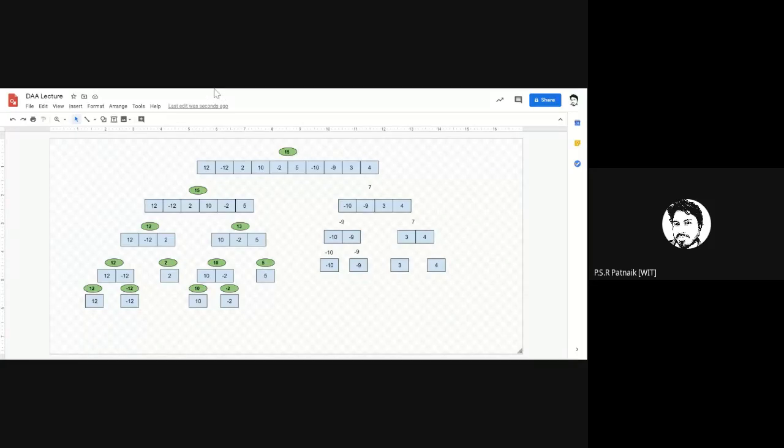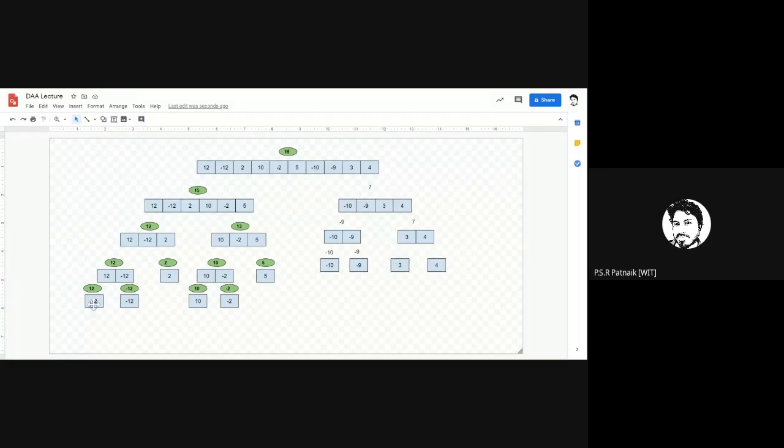So I think let us do one thing. Since we have calculated till this point, let us also calculate the complexity of this approach. It's very short and quick. So now remember what we are doing. Every time we are dividing the array into two halves, right? So if I have a size of n, I am dividing it into first half and second half, and I am also solving the first half as well as the second half.